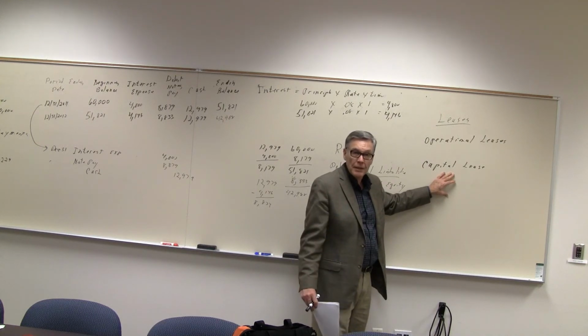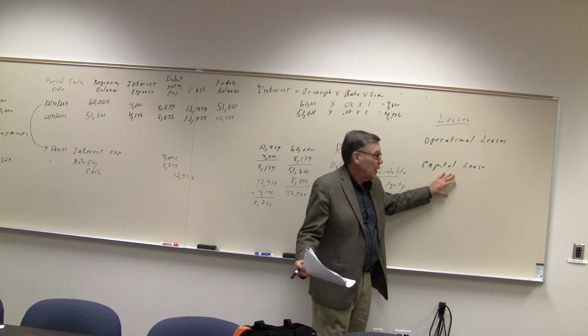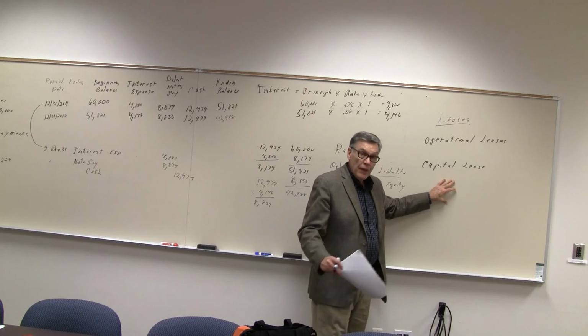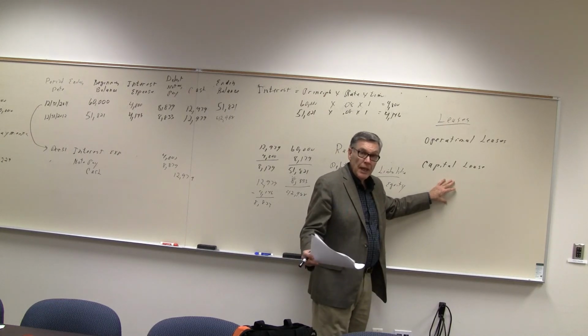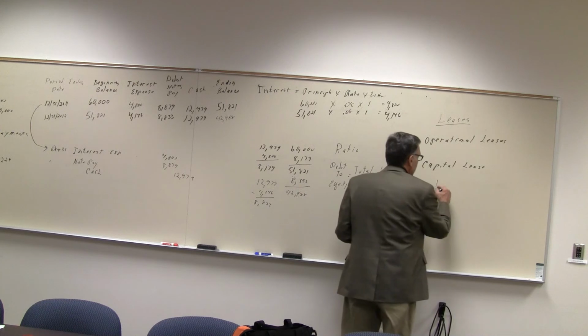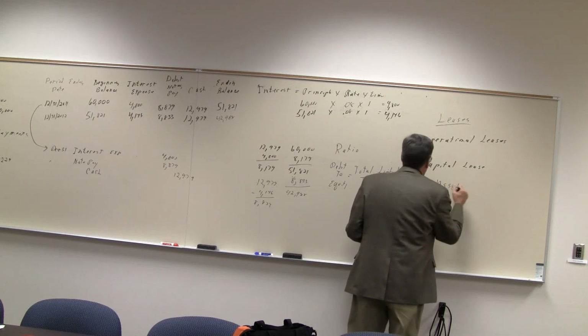Or at the end of the lease period, you get to buy the asset at a greatly reduced cost. Or the lease period is the same as the useful life, or 75% of the useful life. That's a capital lease.